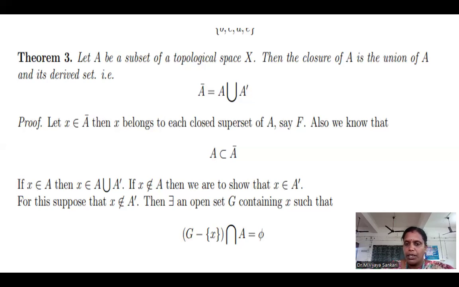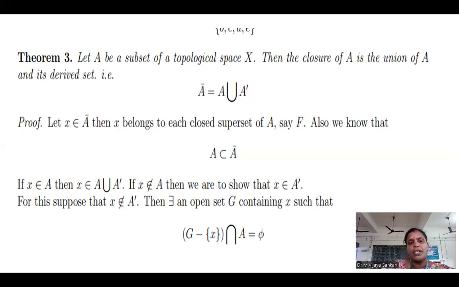It is a known condition. A bar is the closed set, A is the subset. The set A bar is the closure of A. Therefore, A is a subset of A bar.